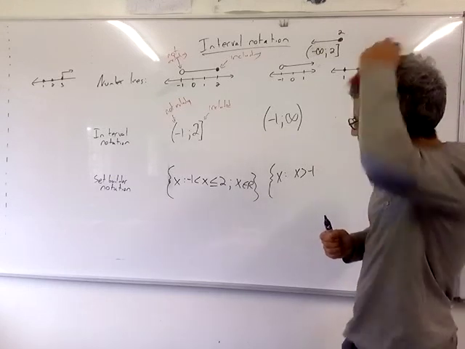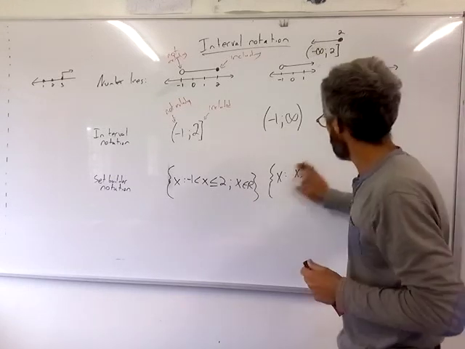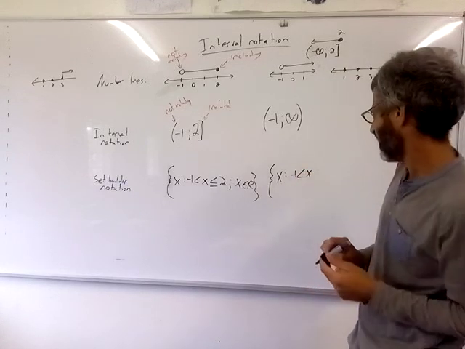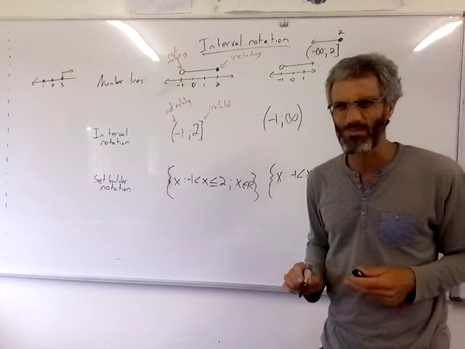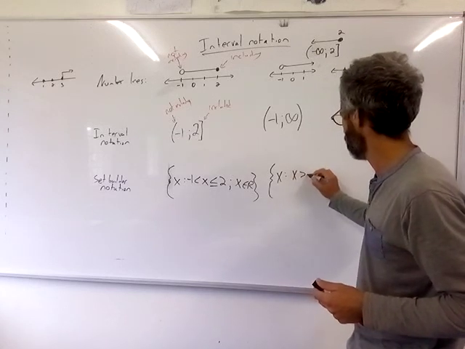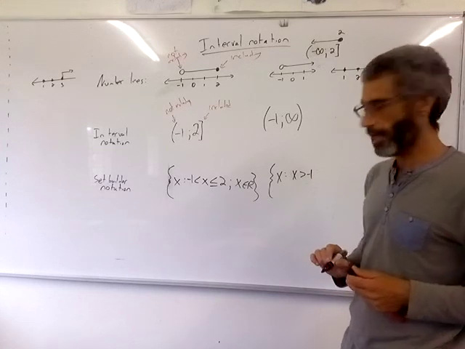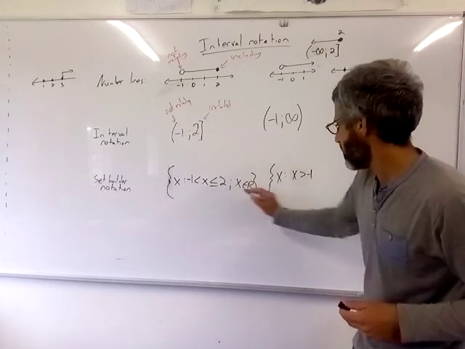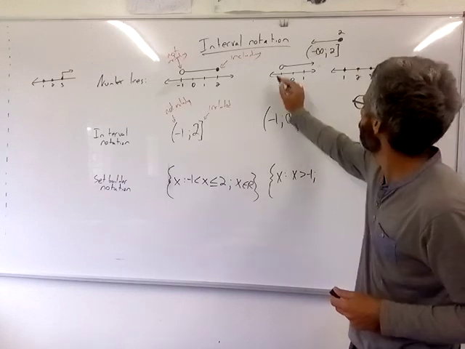Now, you can also write it like this if you want: x is larger than -1. That's kind of alright, but it's not pretty. It's better to write it like this: x larger than -1. Right, and I'm not finished, I need to do this bit again, because I'm looking at all the numbers.